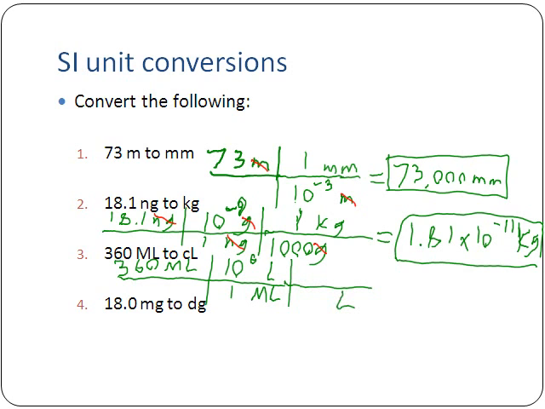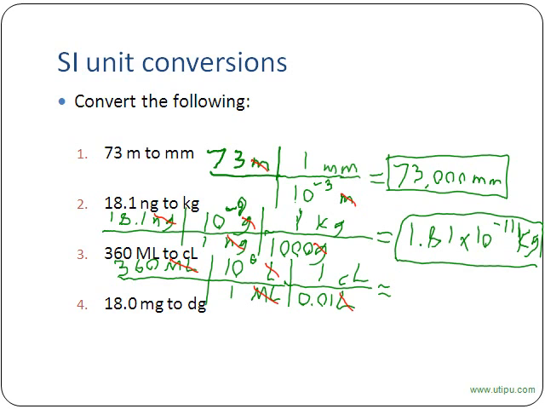Now we want to get rid of liters, and we want to go to centiliters. 1 centiliter, how many liters is that? Centi is 1/100th, so 0.01 or 10 to the negative 2nd. Either one works. So let's multiply. First thing, let's look at what happens to units. Megaliters cancels, liters cancels, just like that. So we're left only with centiliters, which is what we want. So we multiply across the top, divide by the bottom.